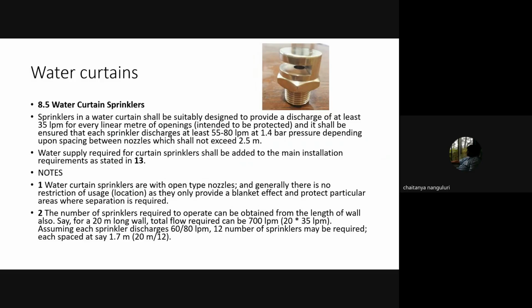That means when you place your nozzles, the space between them will not be more than 2.5 meters, and each shall discharge 55 to 80 LPM, so that for every meter of length, minimum it should have 35 liters per minute. Understood?